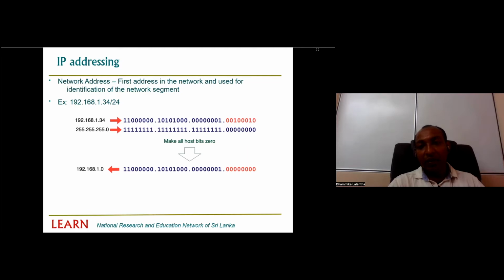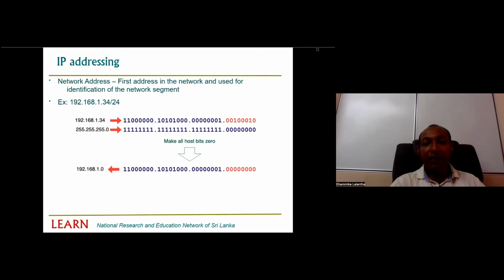To find the network address, we make all host bits 0. In this case, the numbers in red color, we make them all 0.